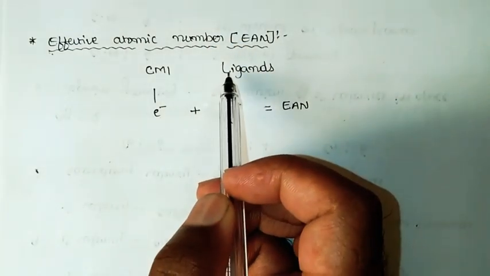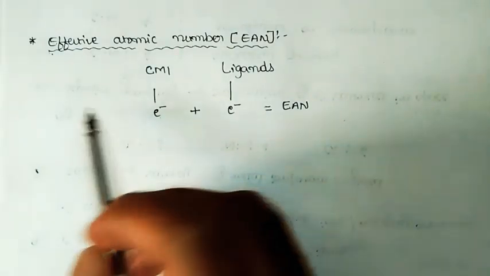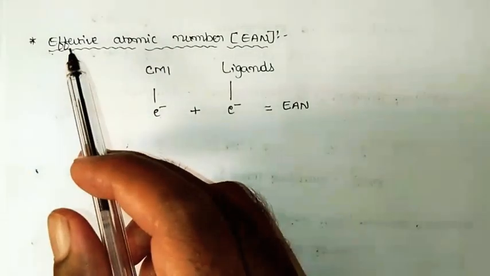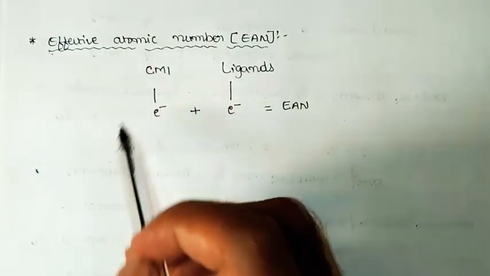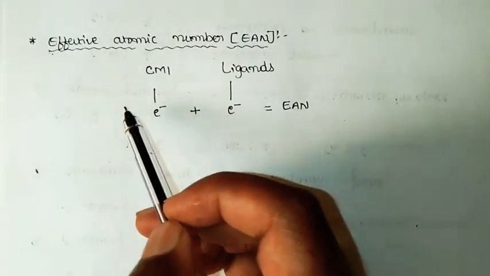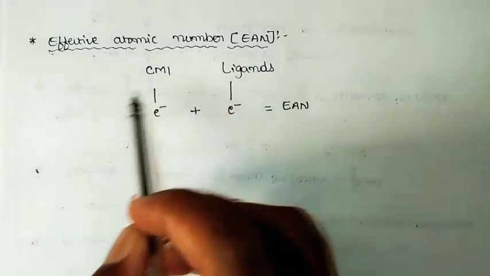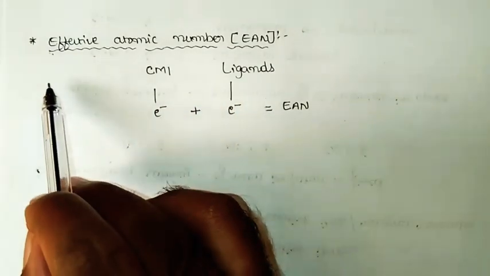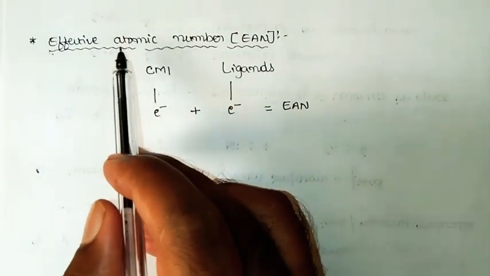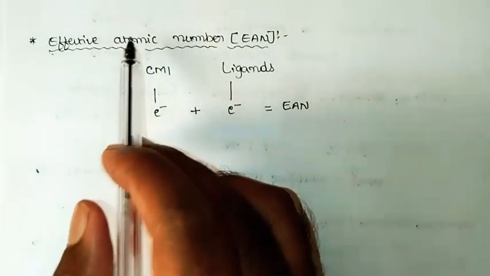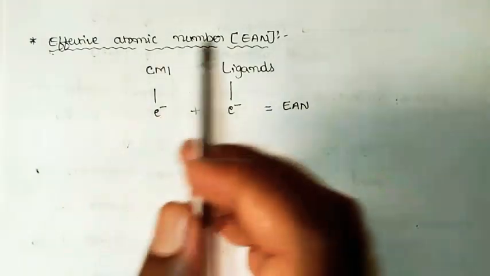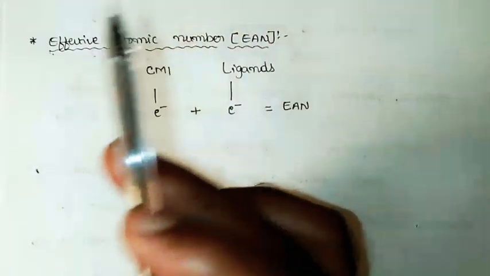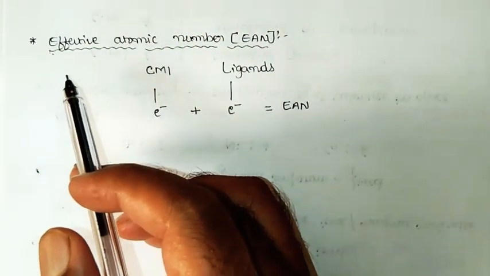The addition of ligands to the central metal ion will happen continuously until the central metal ion attains a total number of electrons equal to the number of electrons in the next noble gas. Till then, the central metal ion will continuously receive ligands.